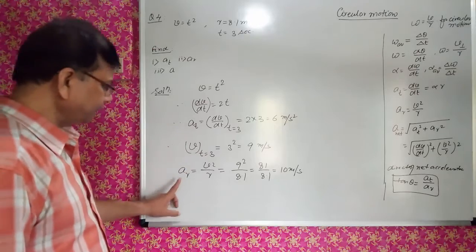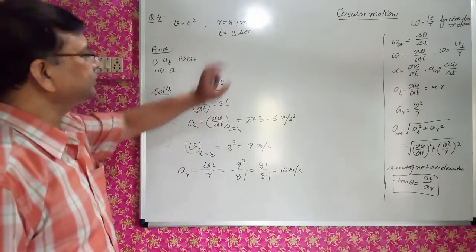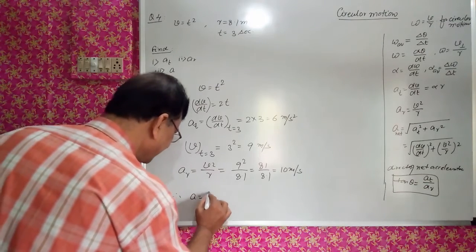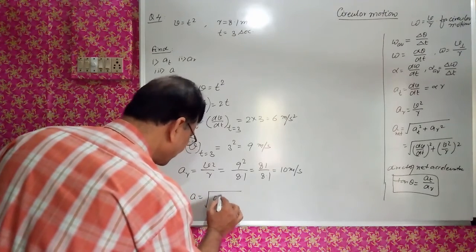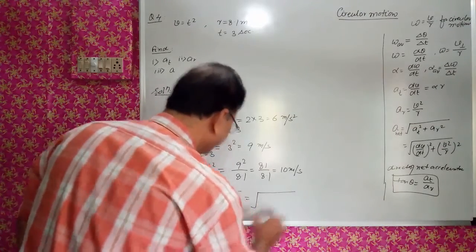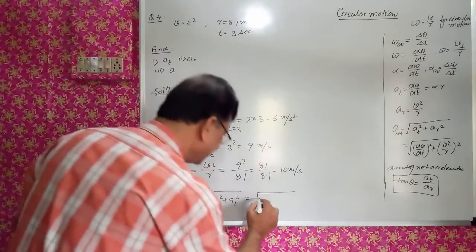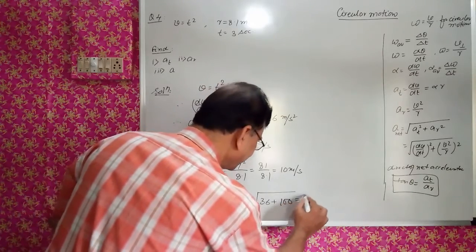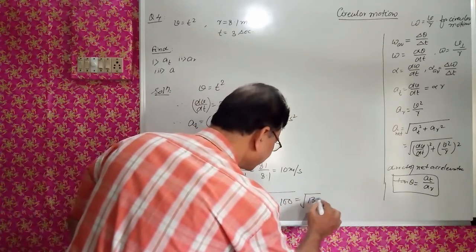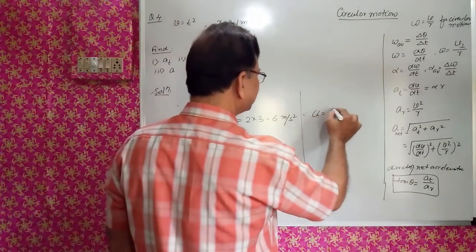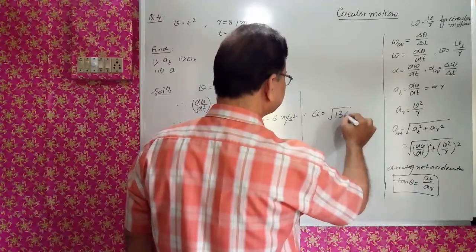So AT is known, AR is known at t is equal to 3 seconds, then we can find A, that is under root AT square plus AR square, that is 36 plus 100, that is under root 136. Therefore, A is equal to under root 136.